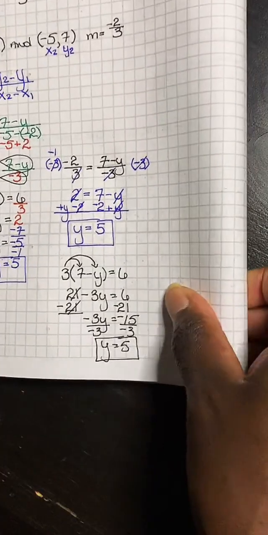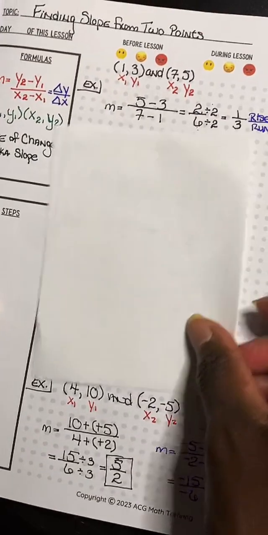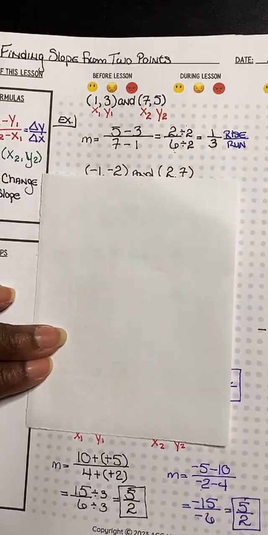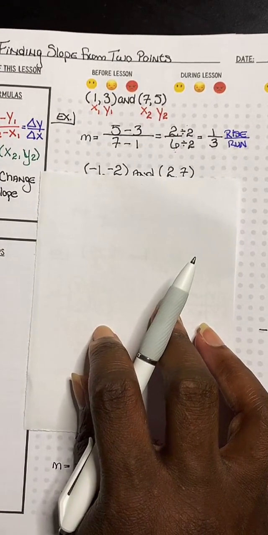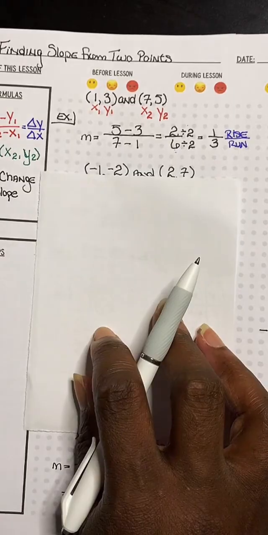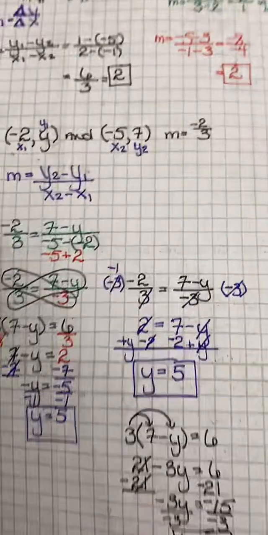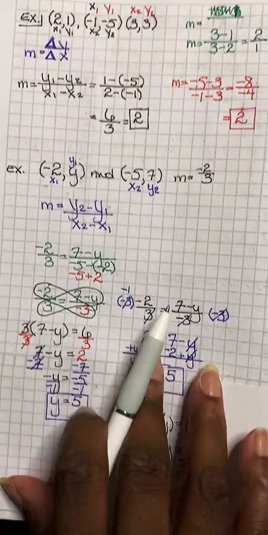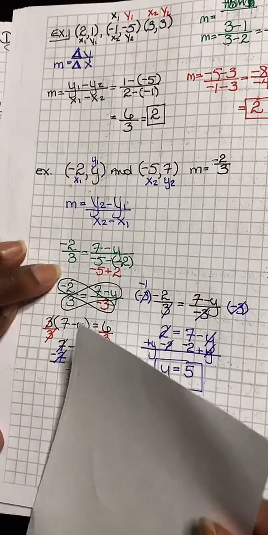Okay. Let's see if I can. I'm just going to put it on this regular sheet of paper. Okay. So what I'm going to do is I'm going to write it on this sheet of paper, but I'm going to leave this one up here so you can use as a reference.